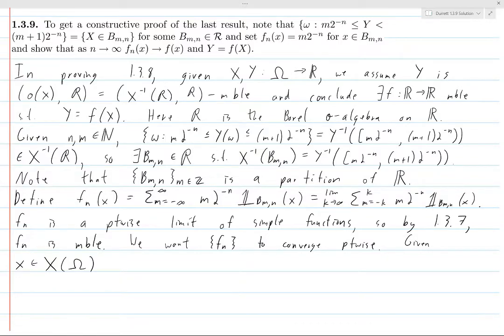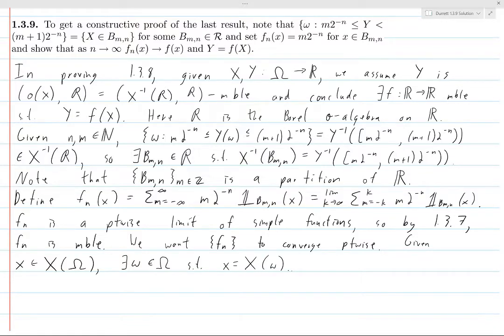So given this, there exists some omega in capital Omega such that x is equal to X of omega. If no such omega existed, then x would not be in the image of omega under X.